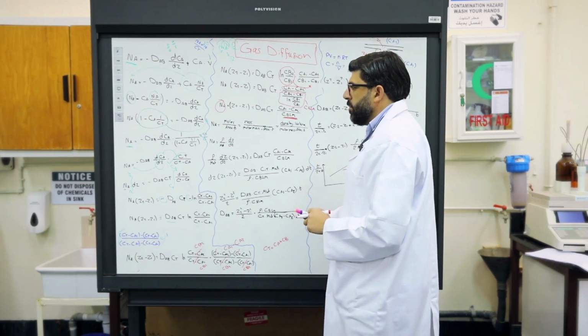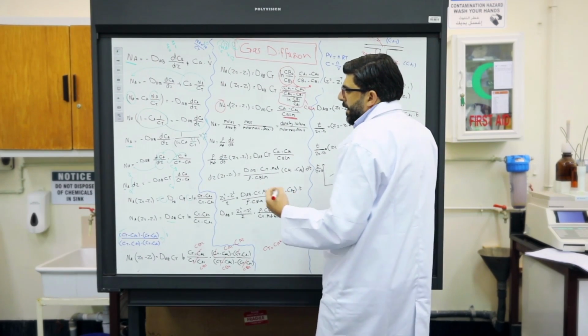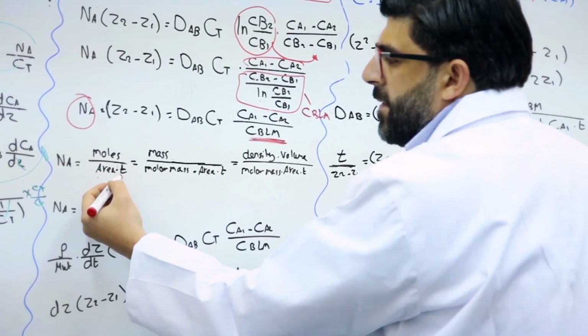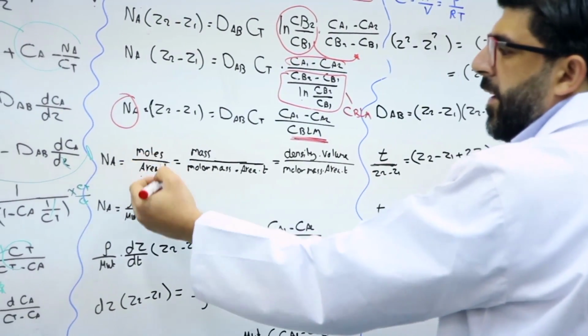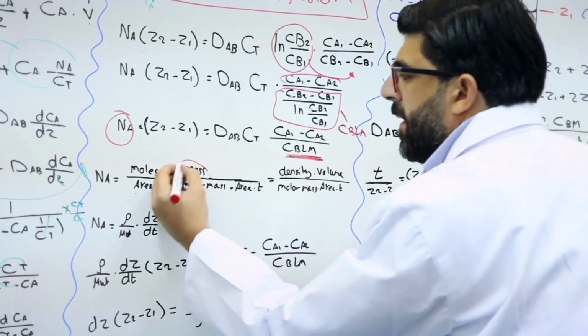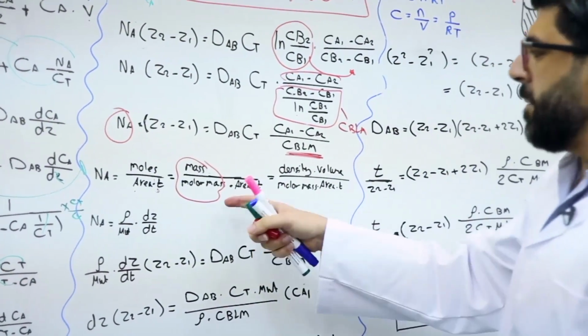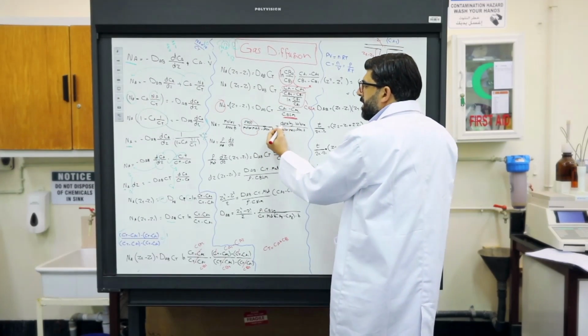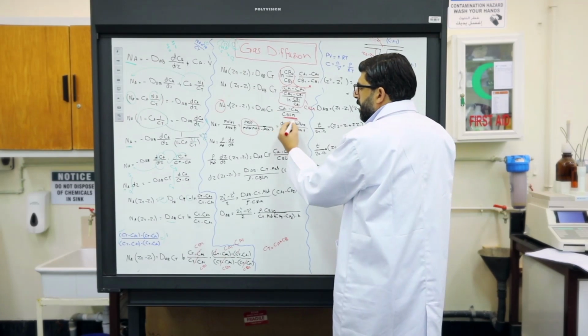mole flux, molar flux. So it's equal to moles divided by area times t. So it's mole rate divided by area. And moles, you know, is equal to mass over molar mass times area times t. And mass is density times volume.